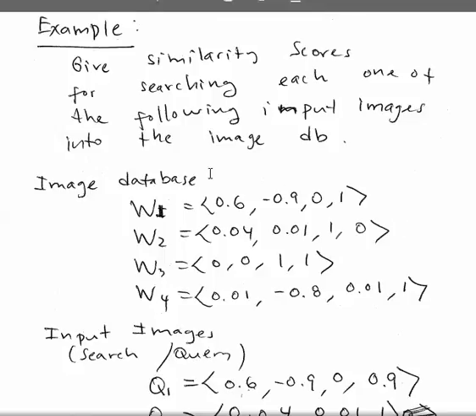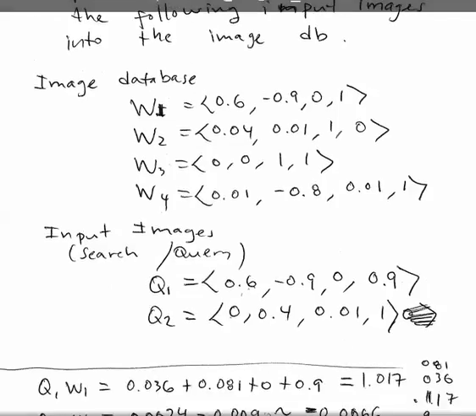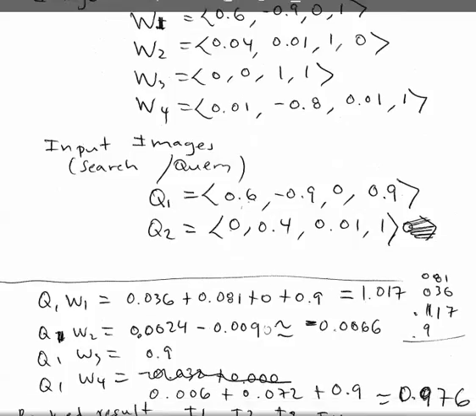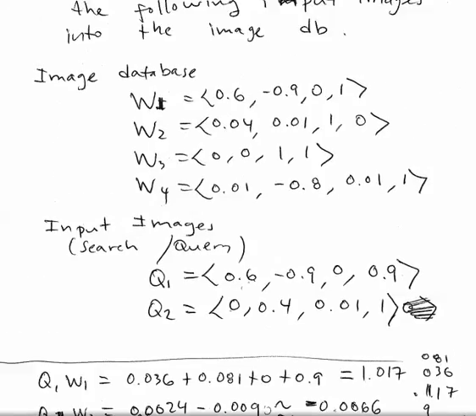And this is just another example in which we say, let's assume that I have an image database, and I have in this case 4 images, and these are the W's associated with each image. And then I have input images, these 2, Q1 and Q2. And then I want to compare and find some type of similarity. So what I can do is the dot product of Q1 with W1, or some type of distance or comparison.